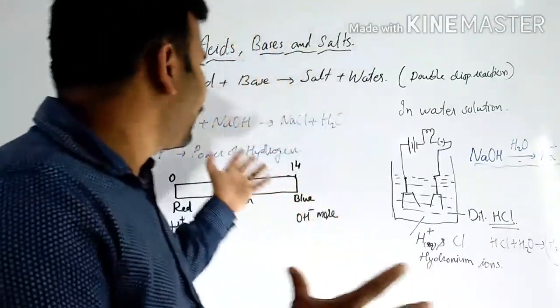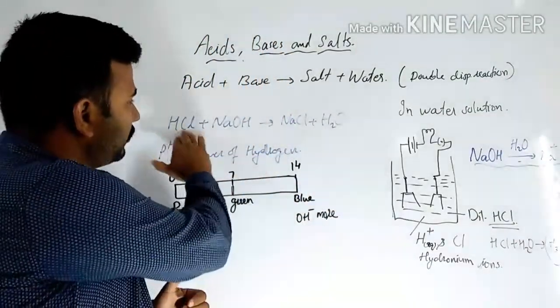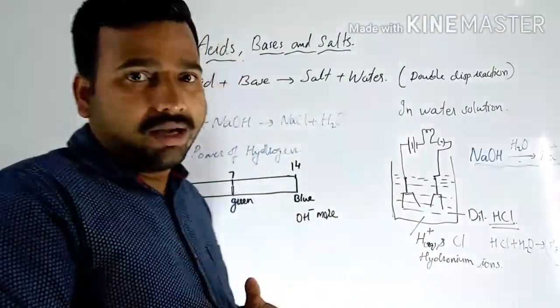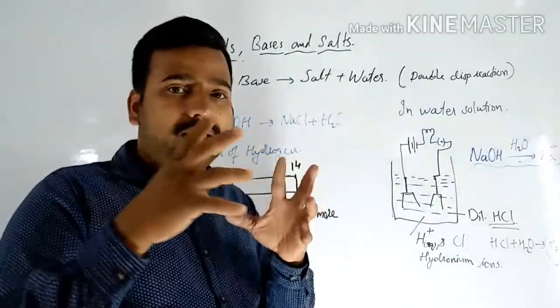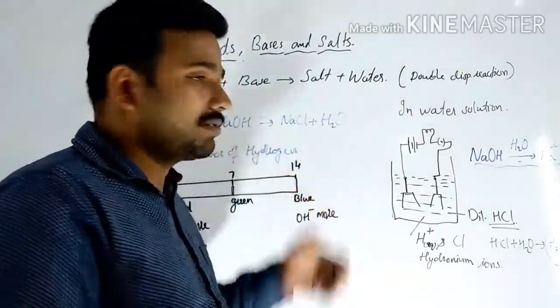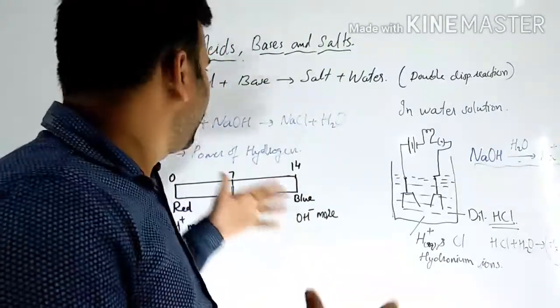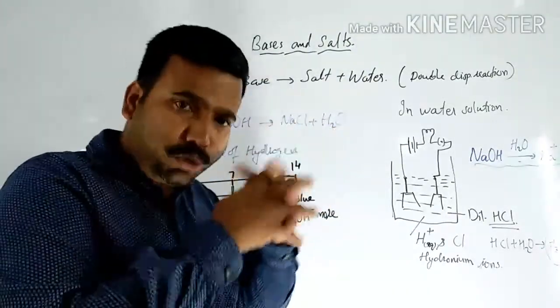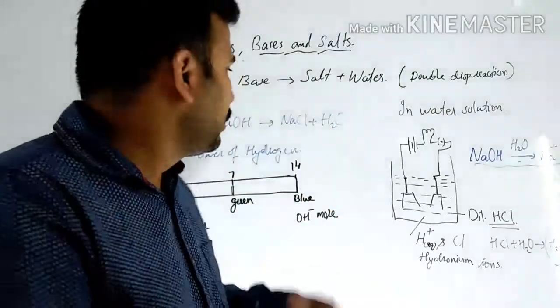So what do you mean by a neutralization reaction? We already discussed the properties of acids and bases. Acids have a sour taste, and bases are somewhat bitter in taste. So when they react, what is actually happening? They neutralize each other's properties.